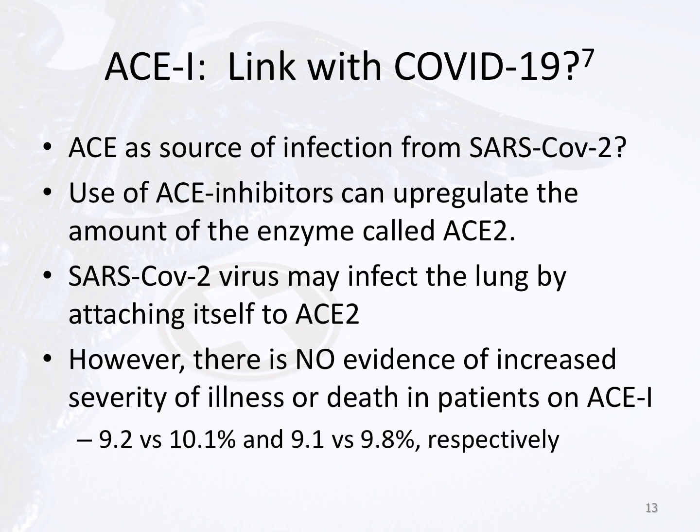However, a study published in the Journal of the American Medical Association Cardiology on April 22nd, based on data from Wuhan, China, did not find a relationship in either the severity of illness from the SARS-CoV-2 virus or death in patients taking an ACE inhibitor. Thus, patients with hypertension should not stop taking their blood pressure medications, even if it's an ACE inhibitor.